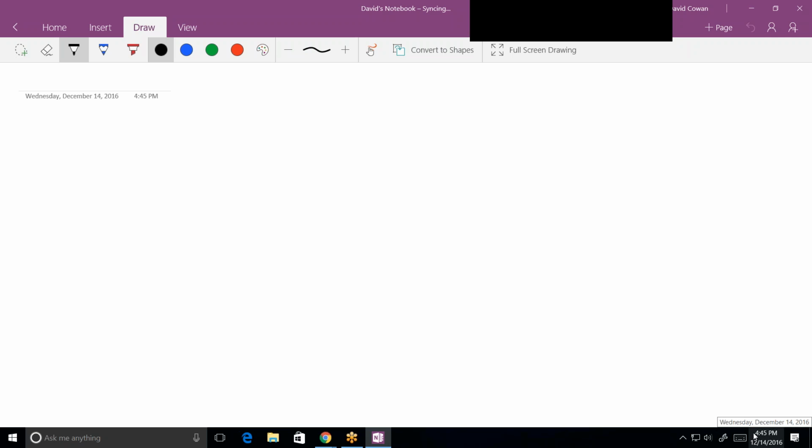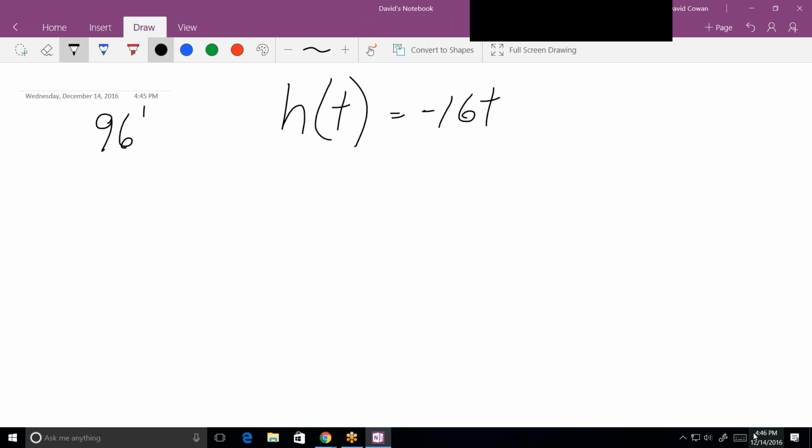All right, so this question is, you drop a ball from a 5th-story window that is 96 feet above the ground. The ball's height at any time, t, is given by h of t equals negative 16t squared plus s.